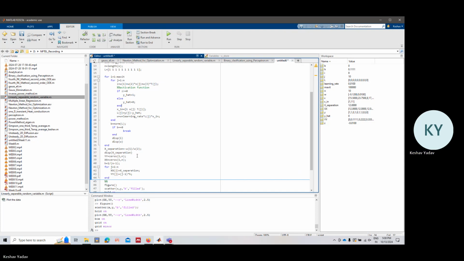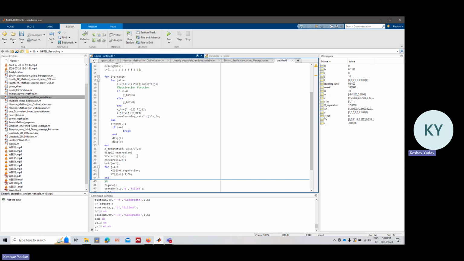My separation line will be W0 plus W1 X plus W2 T, and that will be equal to 0.